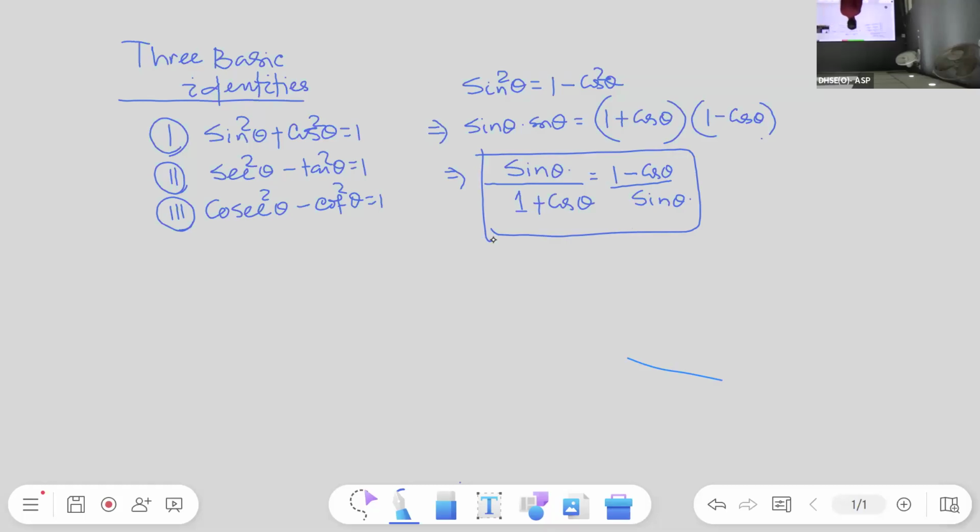Okay, then to come to the second one, sec square theta minus tan square theta is equal to 1. So tan square theta is equal to sec square theta minus 1.